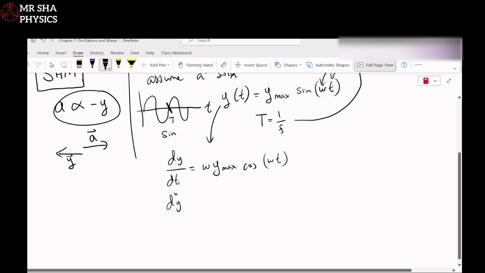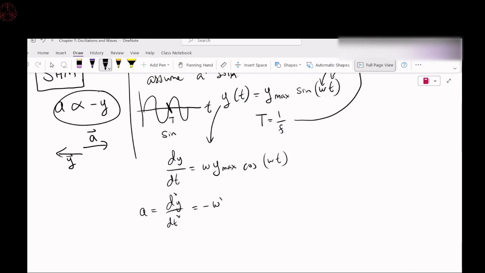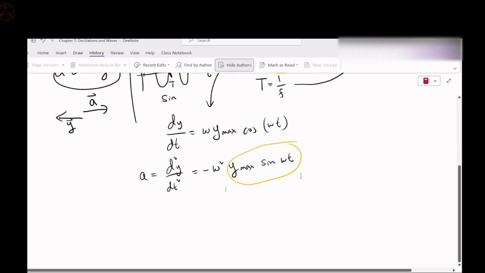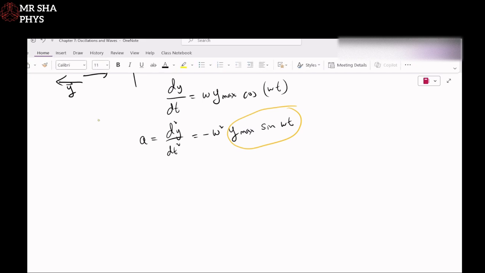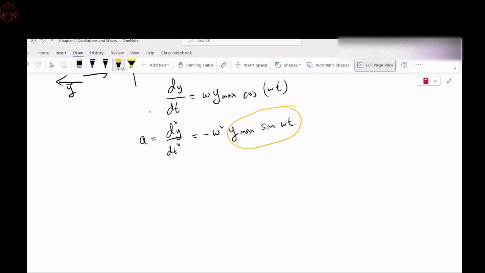And then the second derivative, which is equal to a, its acceleration, is going to be negative omega squared y max sine omega t. Now, if you've noticed, these two look exactly the same, so I can simply replace it and say that my acceleration is equal to negative omega squared y(t).